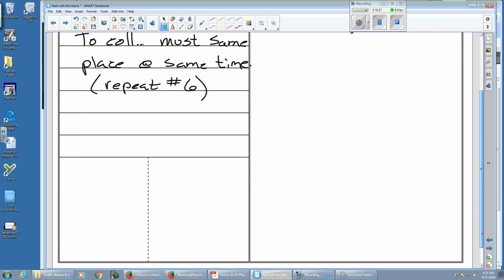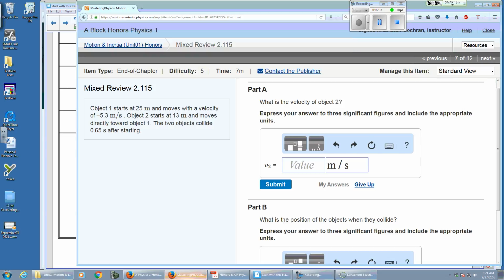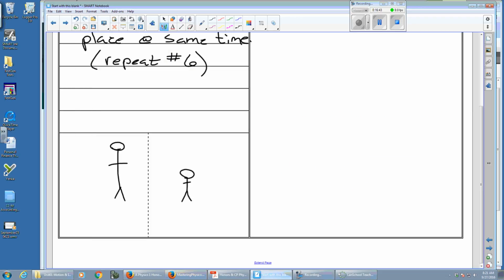And because I'm a visual person, I'm going to do a diagram. I'm going to have person number 1 and person number 2. And let's see, the object 1 starts at 25 meters and is moving negatively. Okay? And velocity 1 that way.